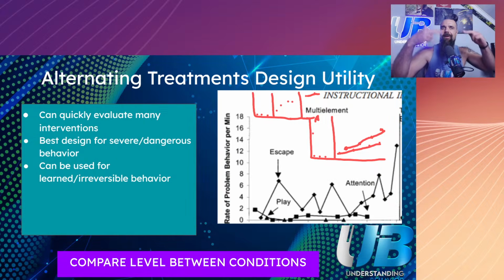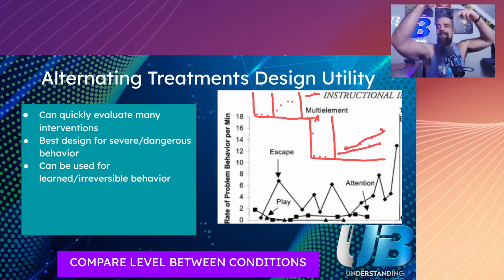But in the multi-element design, since it ladders that exposure in, that practice effect, it's totally fine. All right. So again, that would be a practice effect, and the alternating treatments design helps minimize that practice effect. Multiple treatment interference is something different.